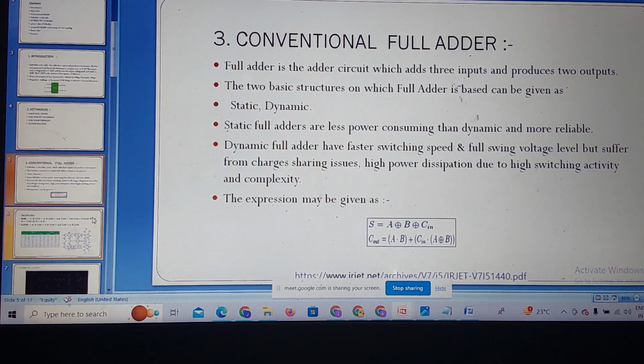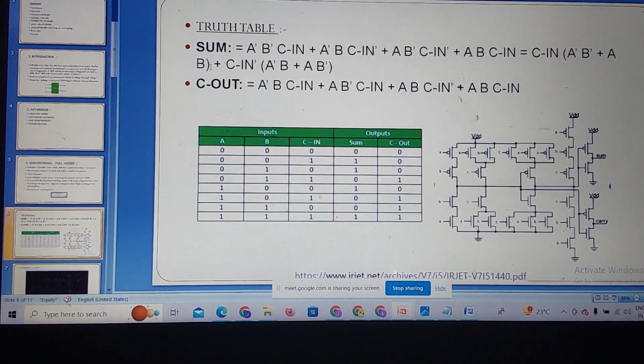Then we look at the truth table of the full adder. The sum and C out come from the truth table by using the K-map method, and we can get the sum expression and the C out expression.